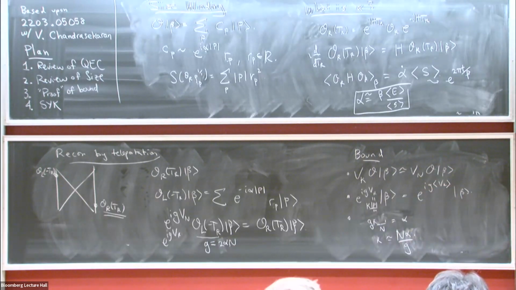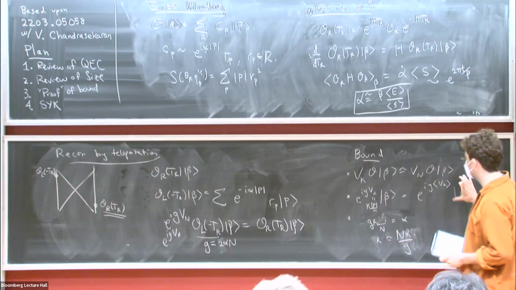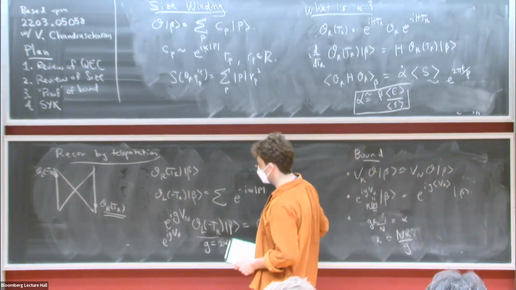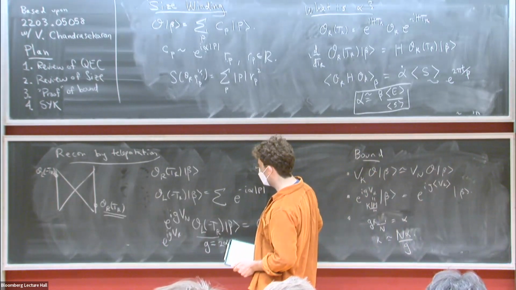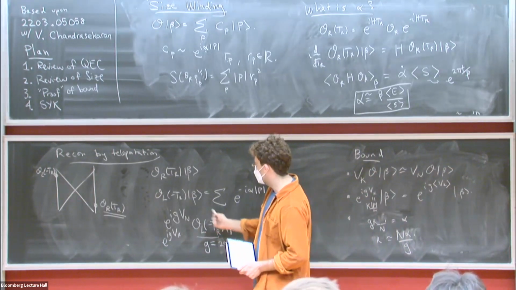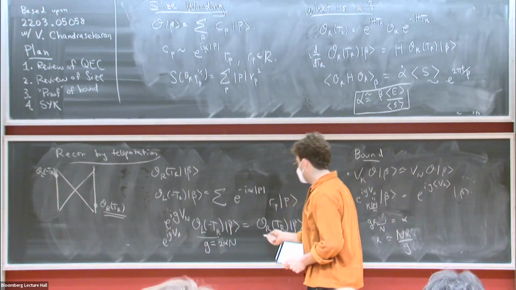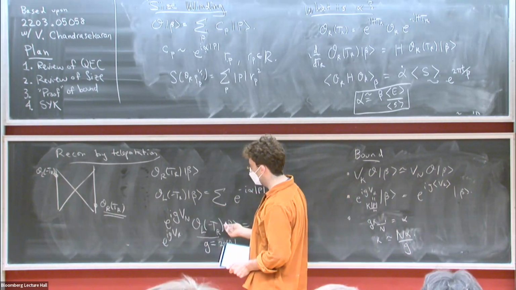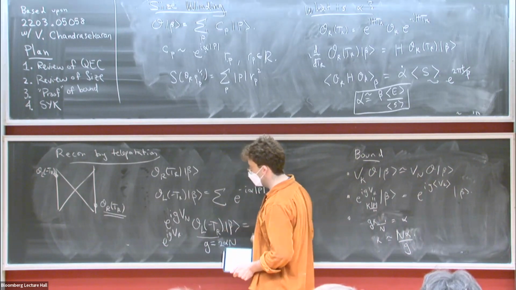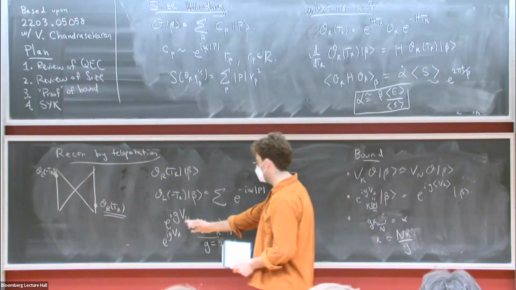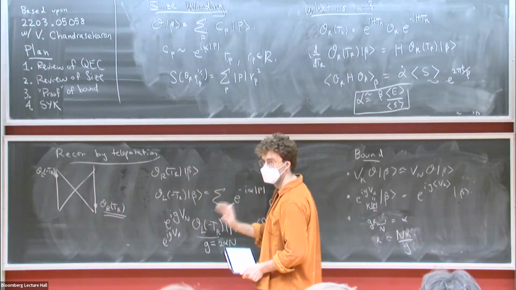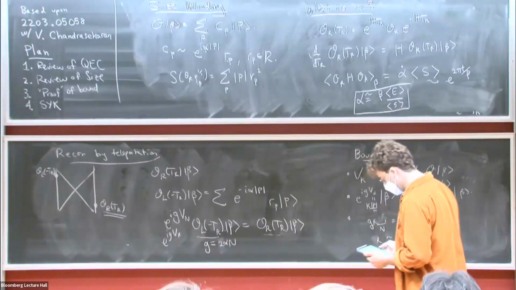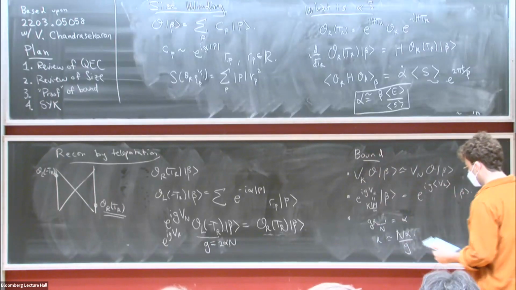But the reason I need this condition, let me just explain that, is because this is not a reconstruction, strictly speaking, of O_R, because I haven't conjugated O_L. So if O_R is unitary, this operator is not unitary. But if I can conjugate this guy and only pick up a phase, then I can make this a unitary operator purely on the left, and then it's reconstructing a unitary operator purely on the right. And that's a true reconstruction of the right operator.